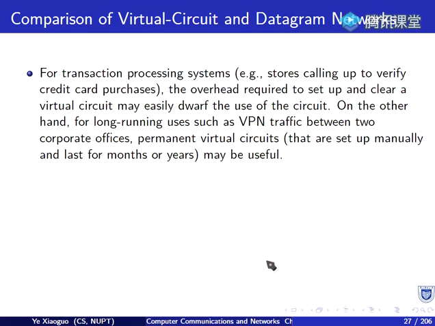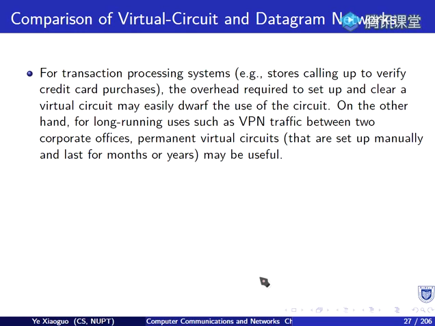For transaction processing systems, for example, stores calling up to verify credit card purchases, the overhead required to set up and clear a virtual circuit may easily dwarf the use of the circuit. On the other hand, for long-running uses such as VPN traffic between two corporate offices, permanent virtual circuits may be useful.